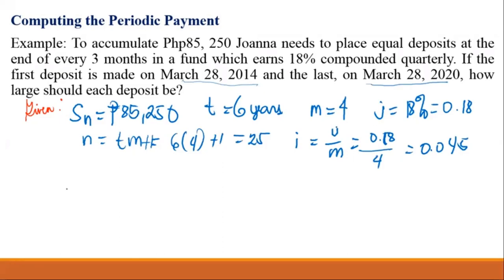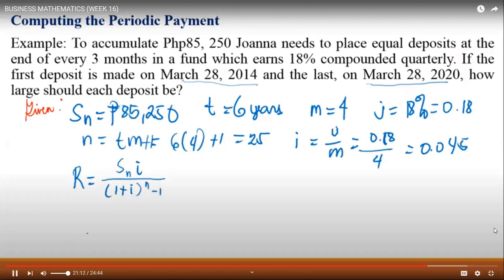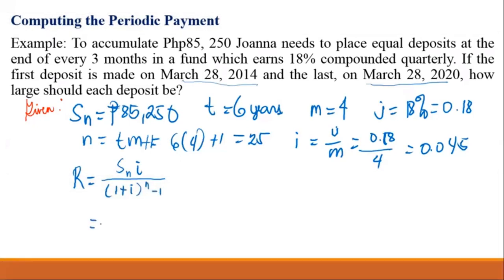So yung solution natin, since we are looking for the size of the annuity payment, we're going to use this formula: R equals the future value times i over 1 plus i raised to n minus 1. So substitute lang natin yung mga given informations from our problem.